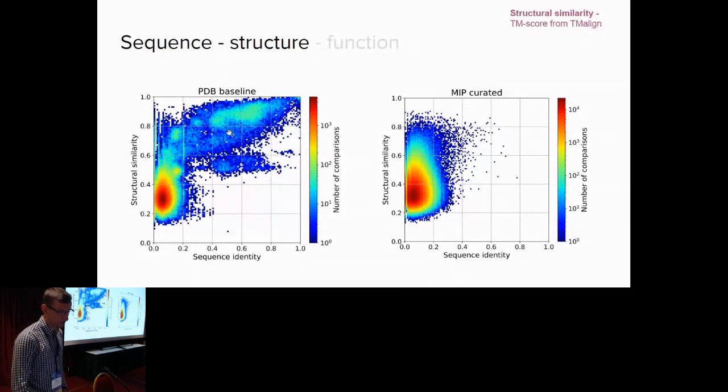Our data set by construction is different because our sequences are not very similar, so we don't have many similar structures out there. There are some, but not so many. So our data set on average is different to the PDB.